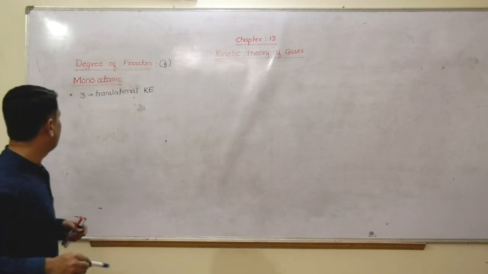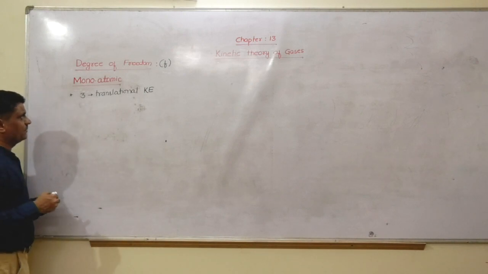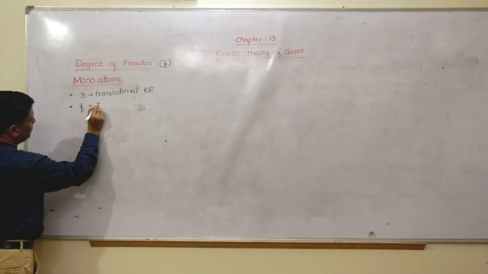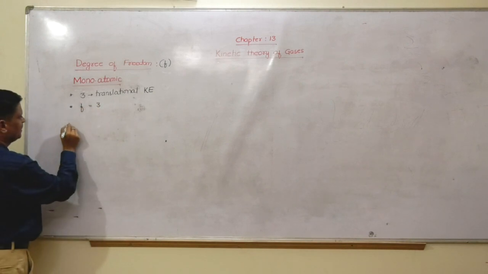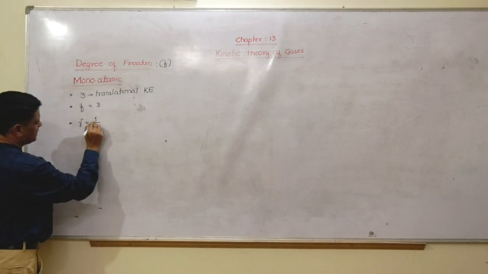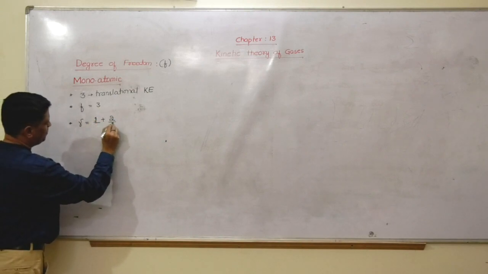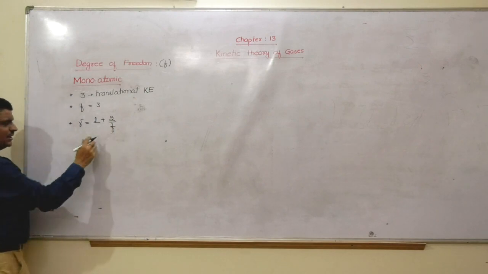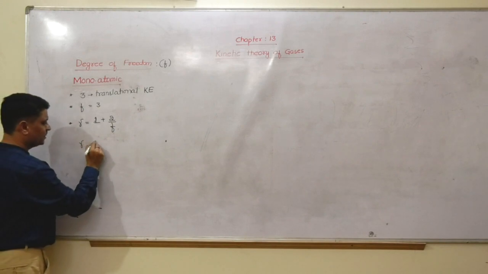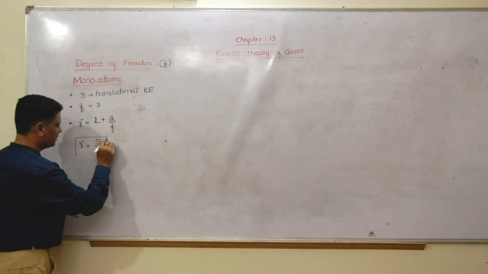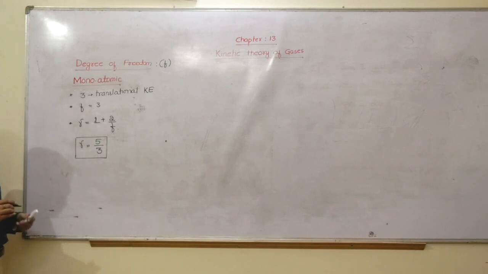Therefore, the number of degrees of freedom is 3. Then gamma is equal to 1 plus 2 by F. If you substitute F is equal to 3, then gamma is equal to 5 by 3. Calculate yourself.